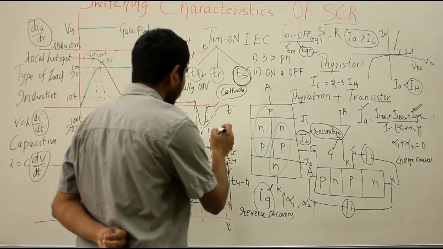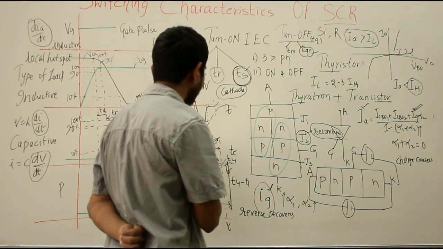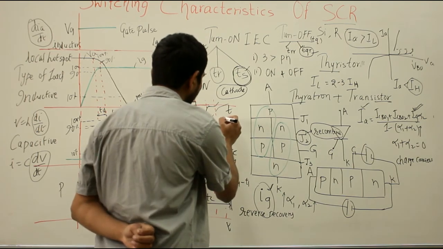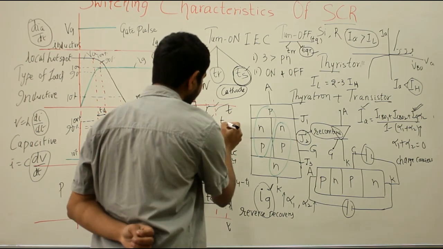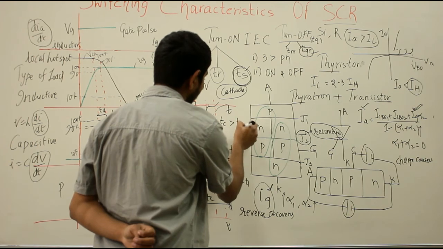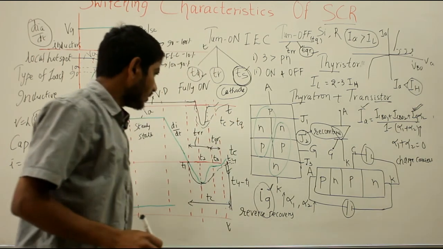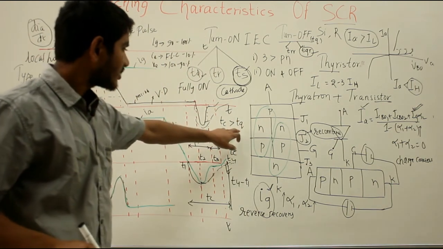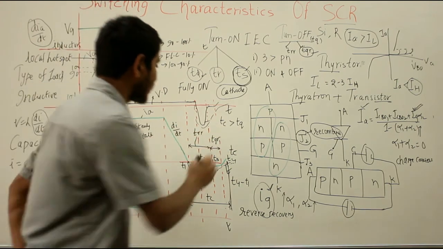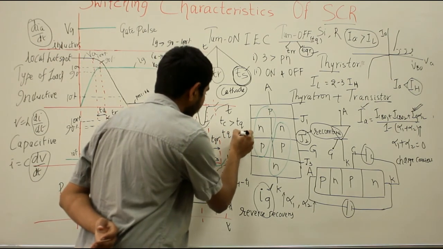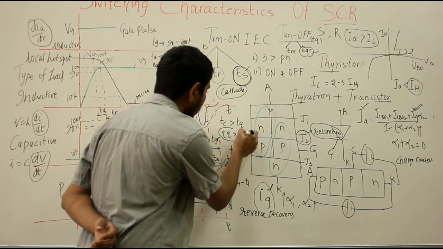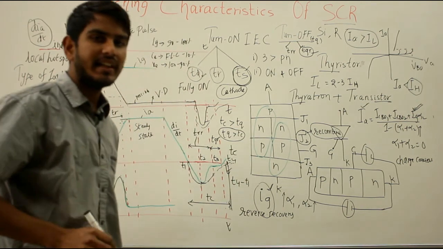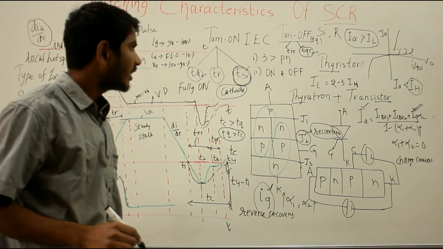So for practical circuits, for reliable turn off, the TC should be greater than TQ. In case you are having the reverse condition where TQ is greater than TC, then the thyristor will turn on at an unwanted instance, leading to a commutation failure in the SCR.